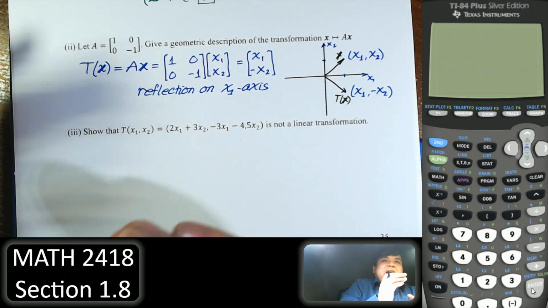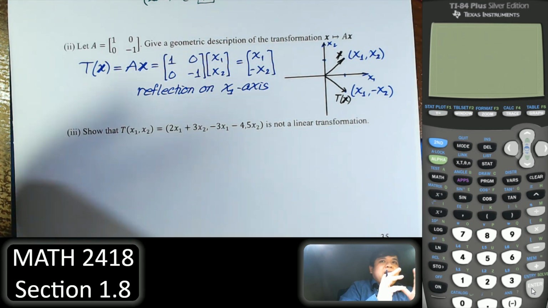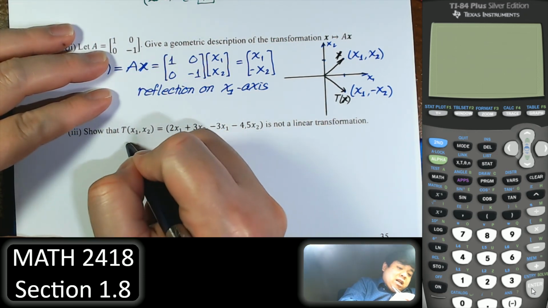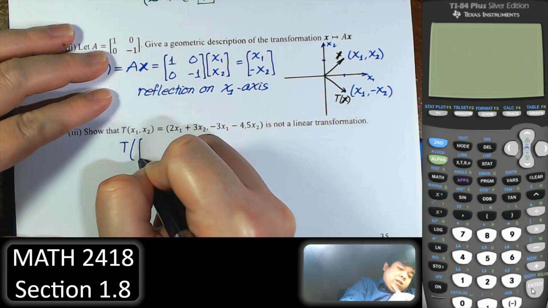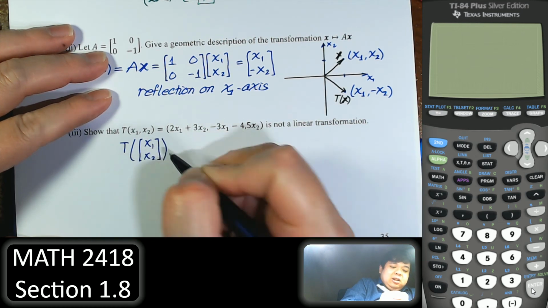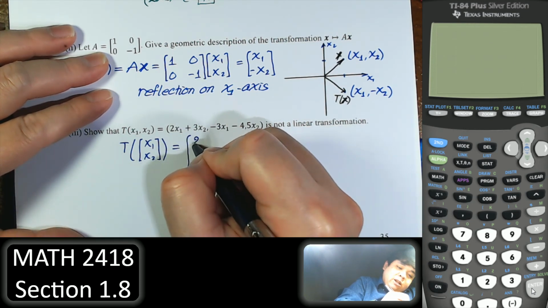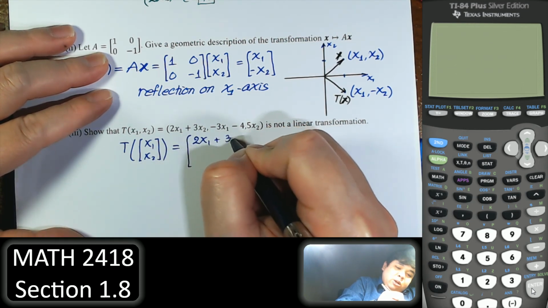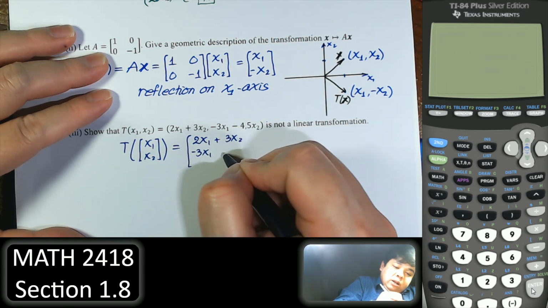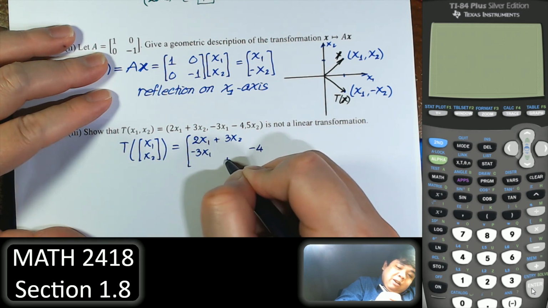Remember, a vector is not just a column vector. A vector is just something that has more than one component. So we can write it like that, or we can write it as that, and it has 3 components here: 2x1 plus 3x2, negative 3x1 minus 4, and then 5x2.